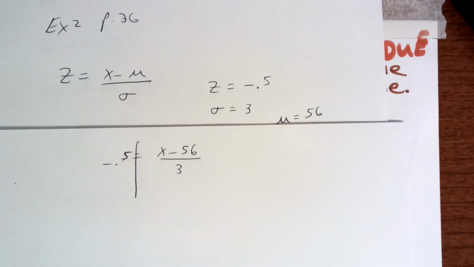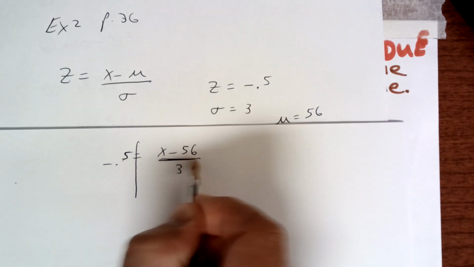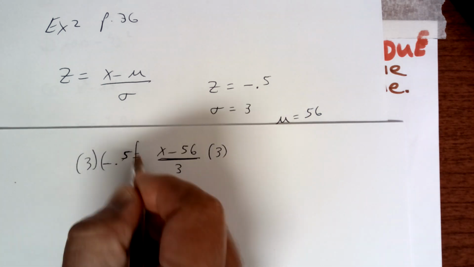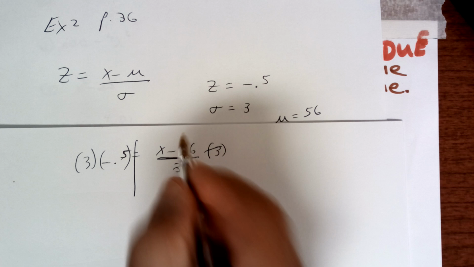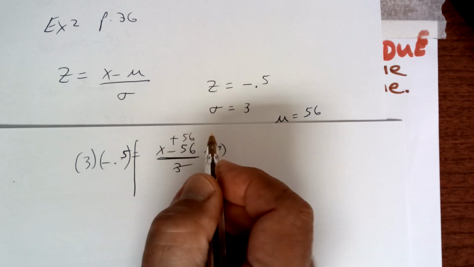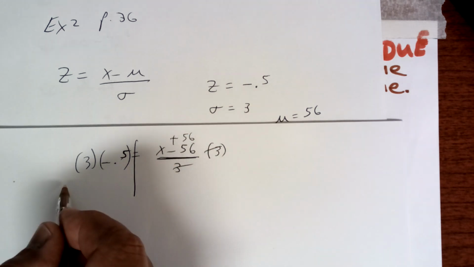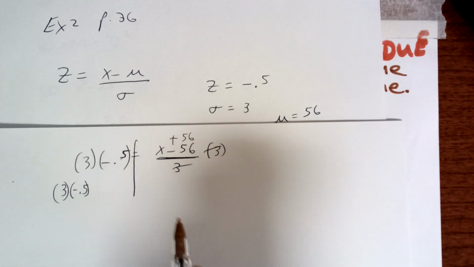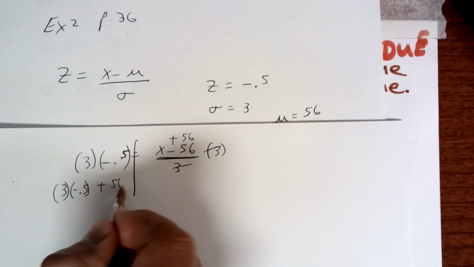So what you want to do is solve for x. You're dividing by 3, so the opposite is multiplying by 3. This cancels. Then you want to add 56 to both sides. So it's going to be 3 times negative 0.5 plus 56 equals the number.